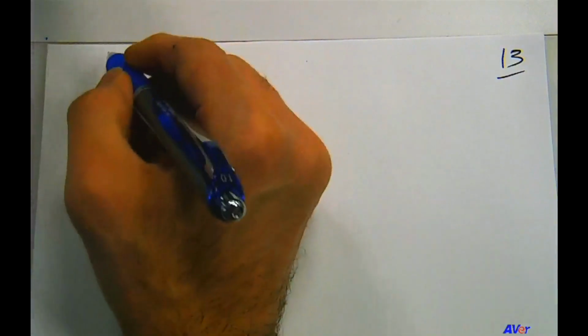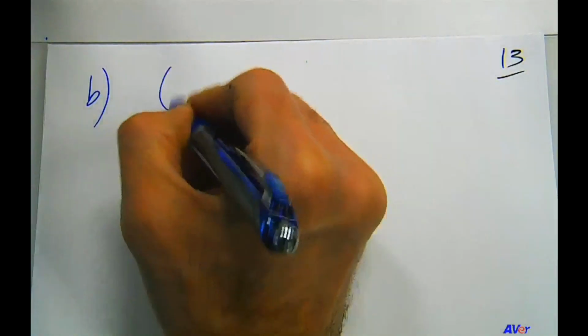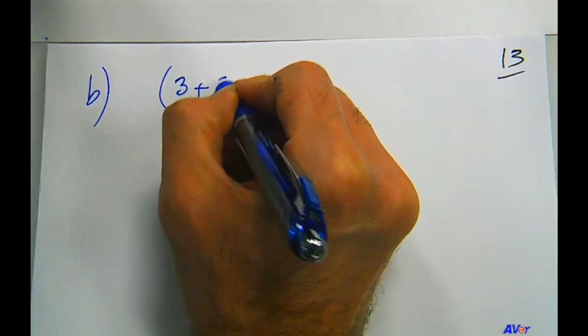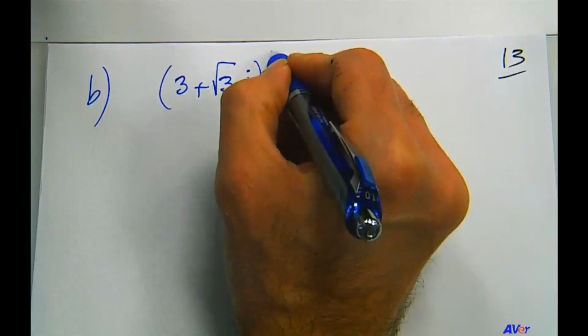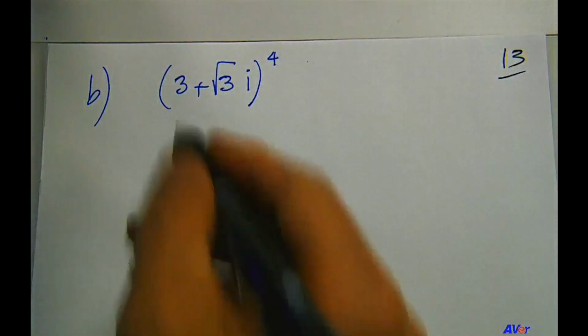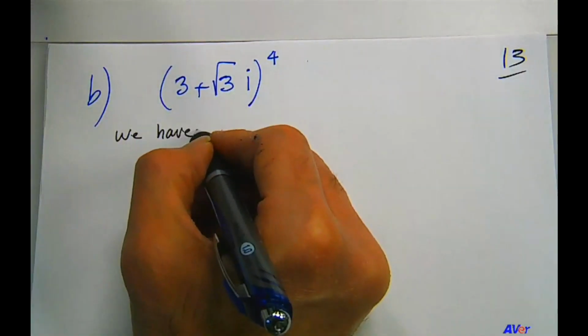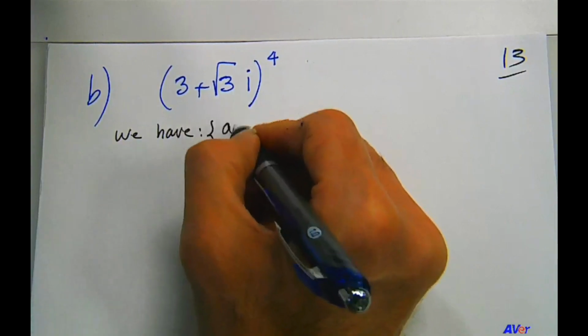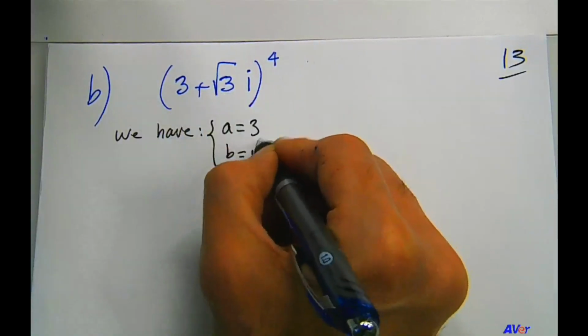So suppose we want to raise this complex number, 3 plus square root of 3 i, to the 4th power. Okay, so in this case, we have a, which is 3, and b, which is square root of 3.